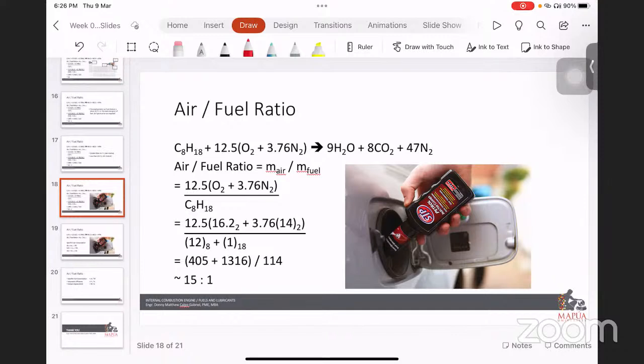Makikita mo to kapag nagpapagasolina yung mga tricycle o yung mga motor, lagi silang may nilalagay ito sa gasolina nila. O kapag ang sasakyan mo unleaded, naglalagay sila ng additives dito. So those additives help in the combustion process by helping the air-fuel ratio, by adding some hydrocarbons to be able to burn faster, burn stronger.